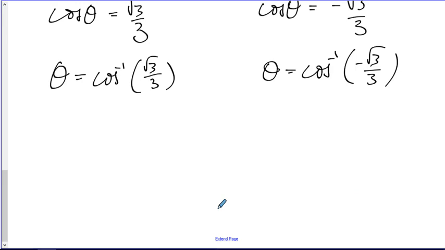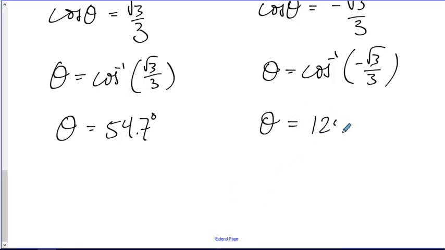You can answer in degrees or in radians, but degrees are easier to visualize, so let's find this cosine inverse. What I get here is about 54.7 degrees. And how about this one? This is about 125.3. So how does this make any sense?